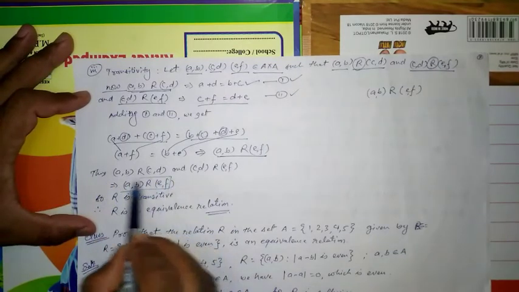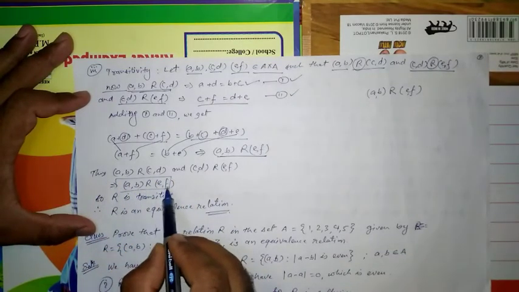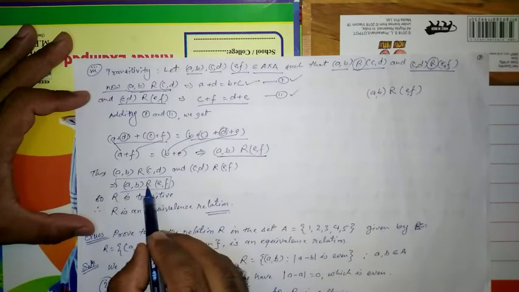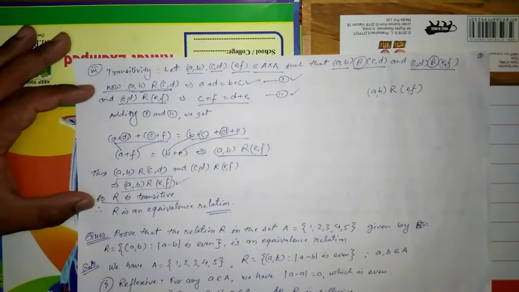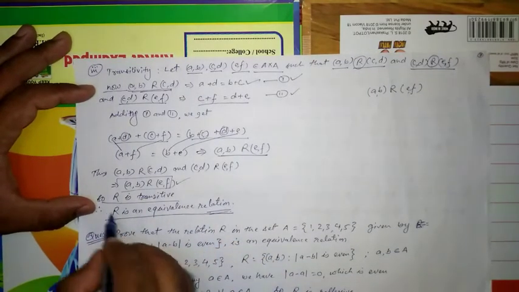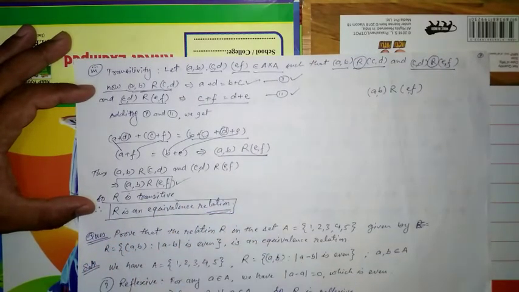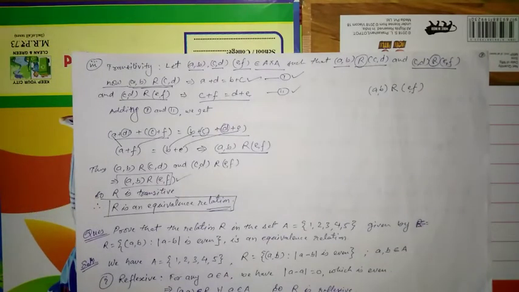Further, we can conclude that AB is related to EF by relation R. So this is transitive also. Therefore, R is an equivalence relation.